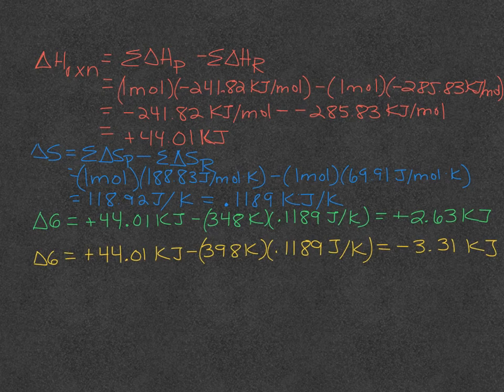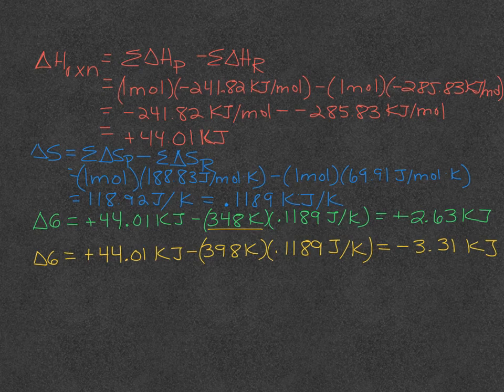All right, so the delta G at 75 degrees Celsius, which would be 348 Kelvin, works out to be positive 2.63. Therefore, that would not be spontaneous, which makes sense because it's H2O liquid going to H2O gas at 75 degrees Celsius, and that is not going to occur spontaneously.